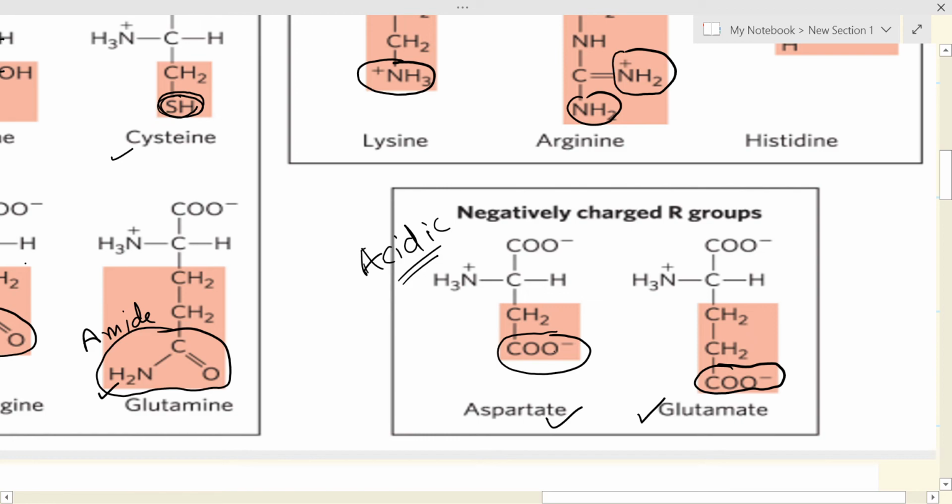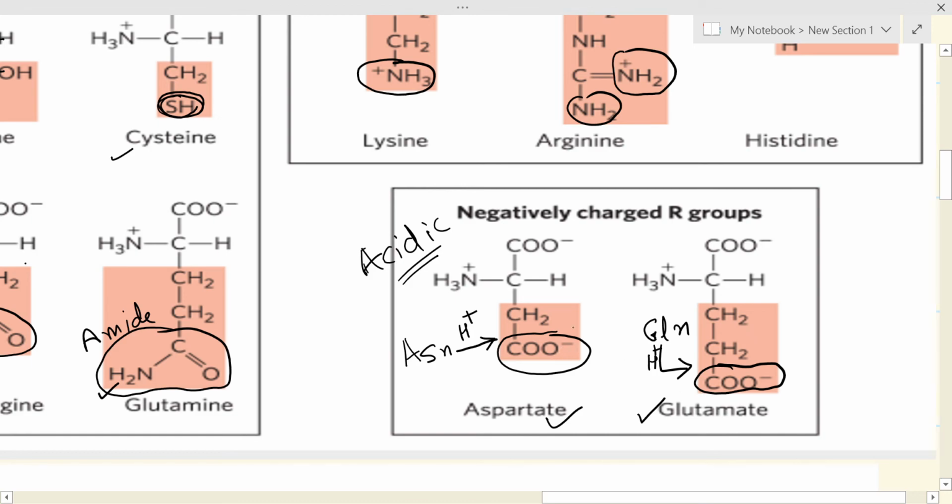So this is very important. Asparagine, ASN, 3-letter code, when hydrolyzed gives aspartate or aspartic acid, and glutamine, GLN, when hydrolyzed gives glutamate.